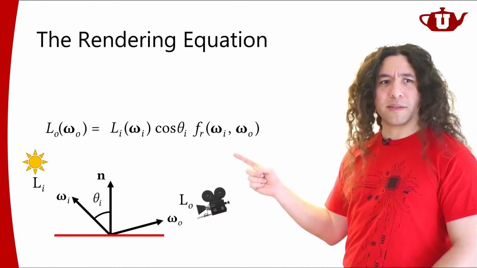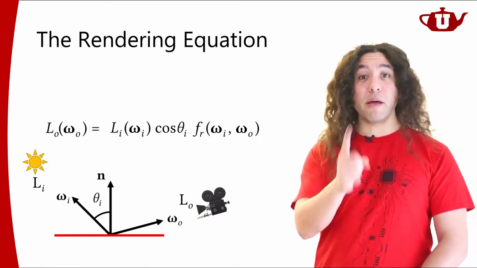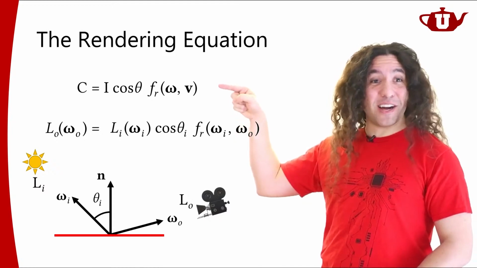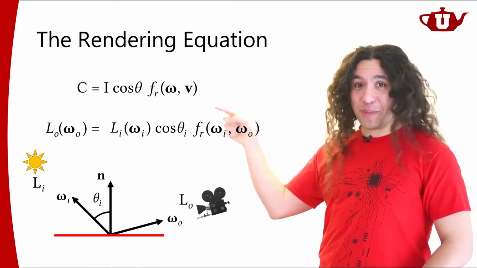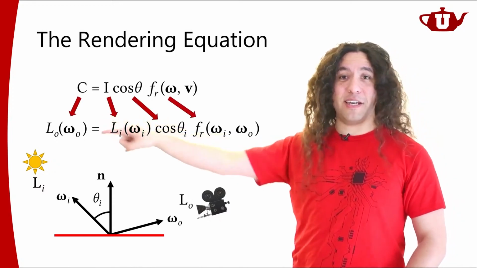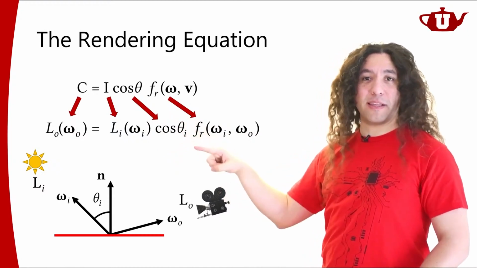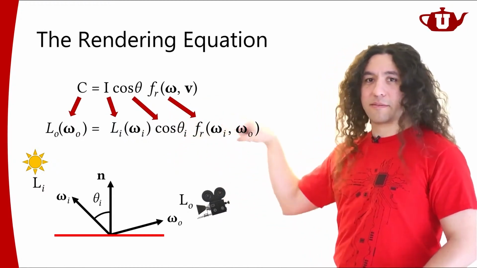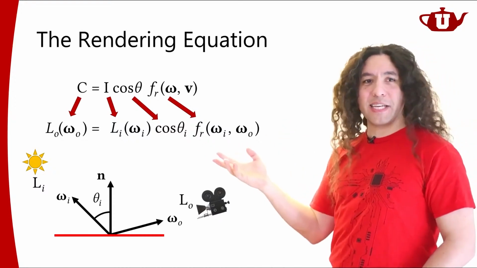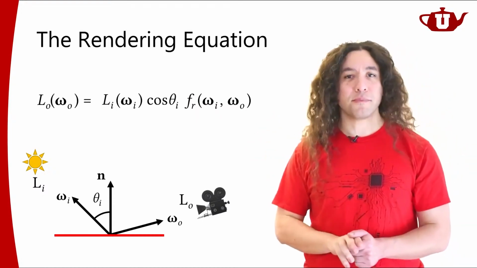Even if you haven't seen the rendering equation before, this must look familiar because you've implemented this. Remember, this was our shading function? The outgoing color is this, the incoming light is this term, and the cosine theta and the BRDF terms are the same terms. So this is what we've been doing, just written in a slightly different notation.